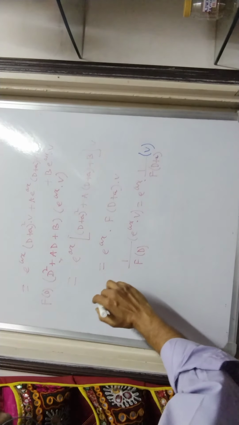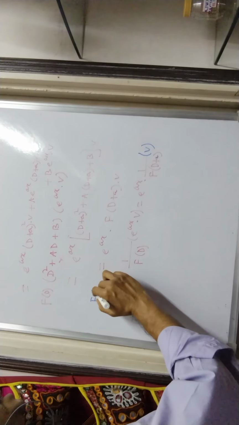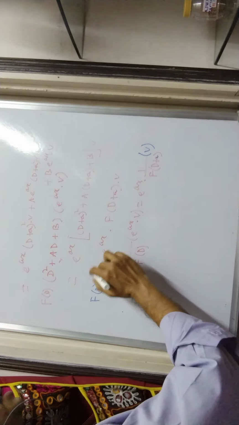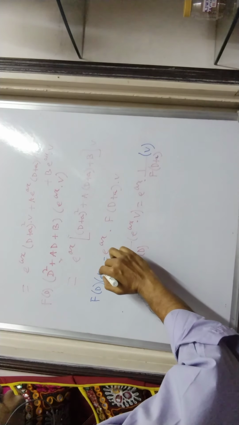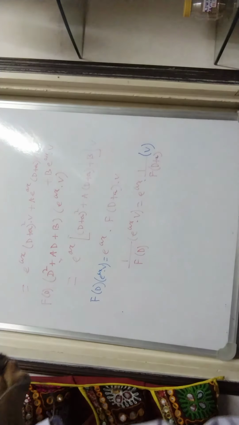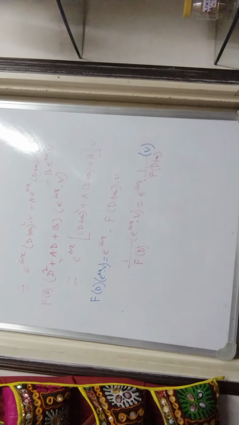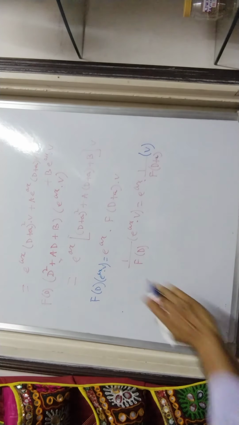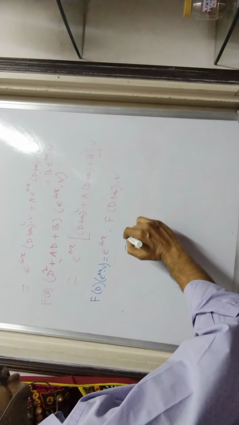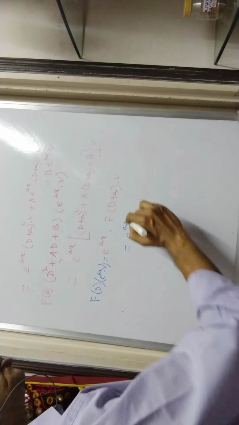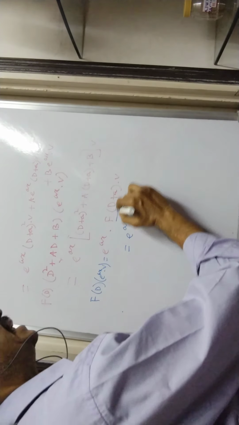Because from here, what we have, f(d) operated on e to the power x v is nothing but this. Let me explain it a bit more. This we can write as e to the power x into, let us write it as v1.